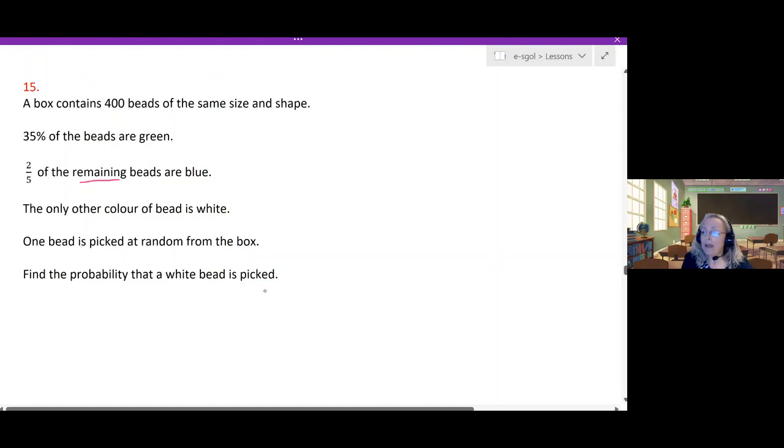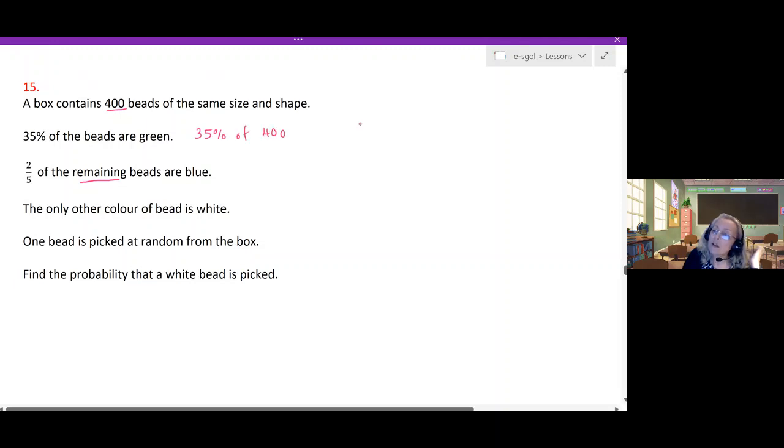Well, I'm going to need to work out how many of each different colour bead I've got in this box. So looking at this, the first thing that it says is that 35% of the beads are green. So there are 400 beads and 35% of them are green. So I need to find 35% of 400.